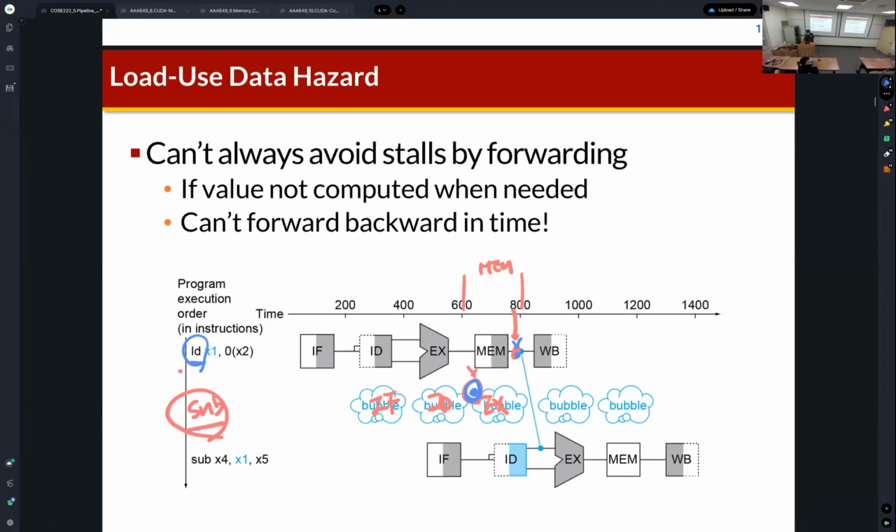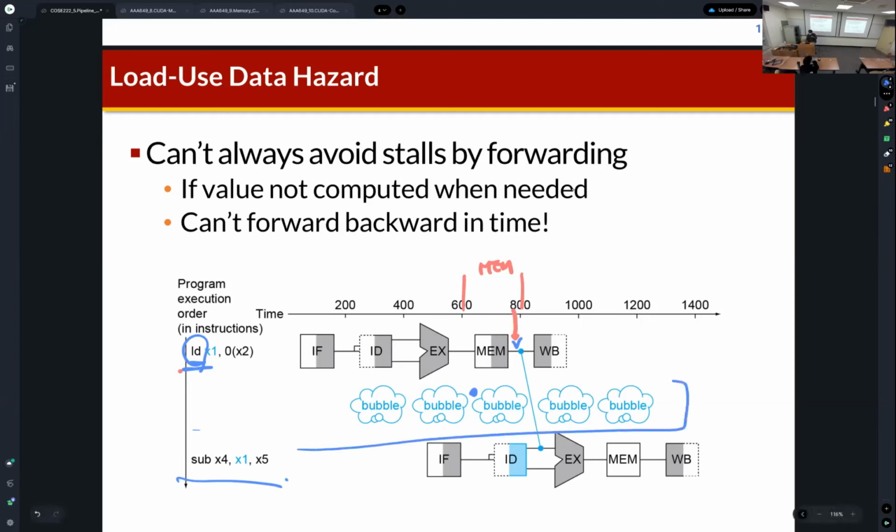What's the problem? This is the future and this is the past. So this is not possible. Understand? So in this case, if the former instruction is the load instruction, and the following instruction requires data from this load instruction, a clock cycle should be wasted. Because the former instruction is a load instruction, we cannot avoid this hazard.